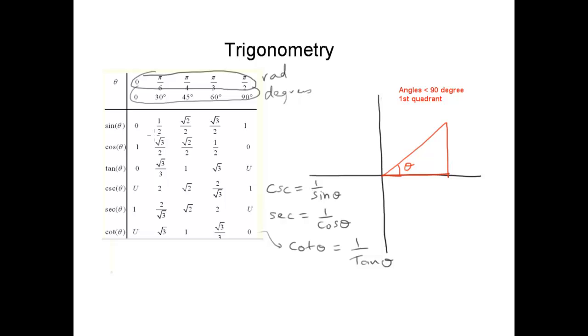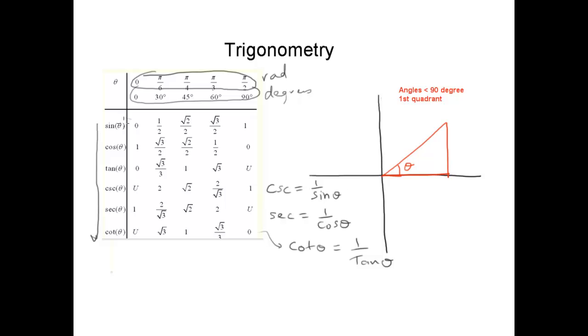And here you see 6 trigonometric functions, right? Sine theta, cos theta, tan theta, cosecant theta, secant theta, cot theta. So here are the values for each one of them.